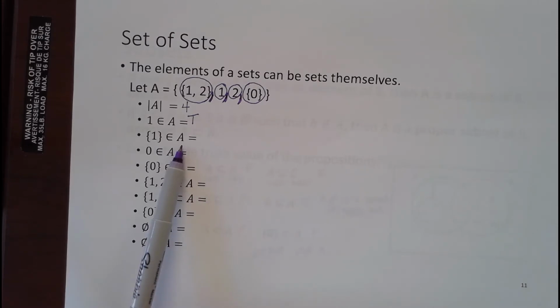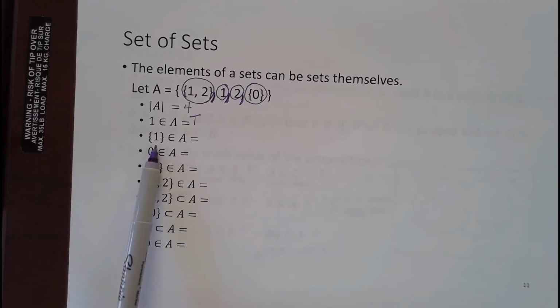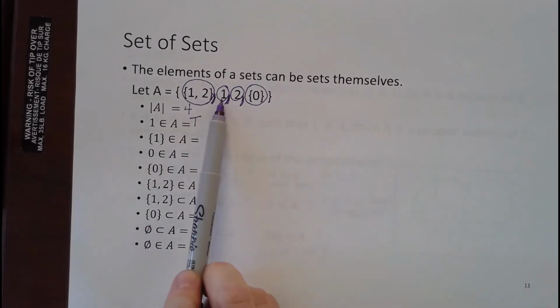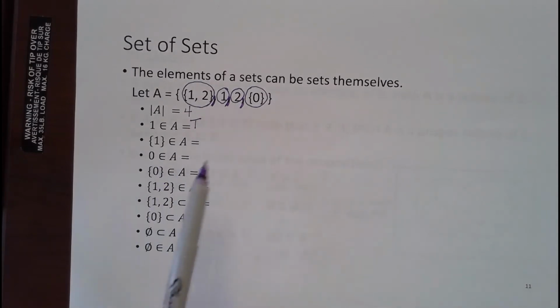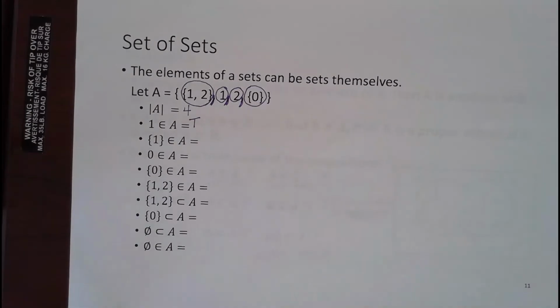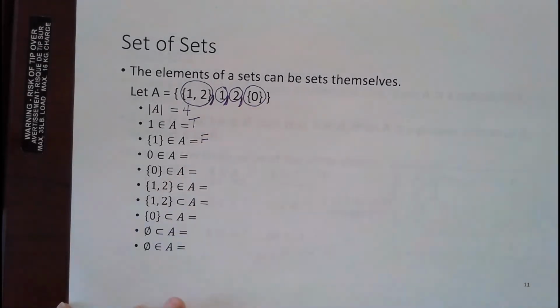Look at the 4 elements and see if you can find that. No, you can't find it, right? It's got a set containing 1 and 2, the integer 1, the integer 2, and a set containing 0. None of those are the set containing 1. So this is false. It is not an element.